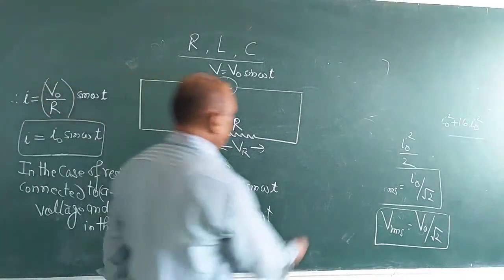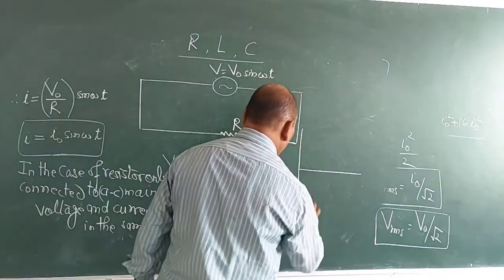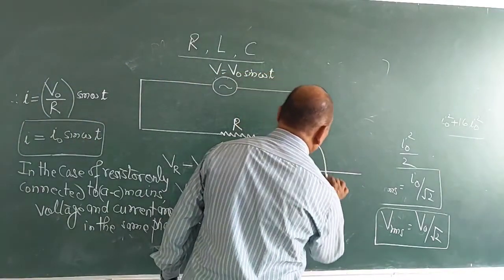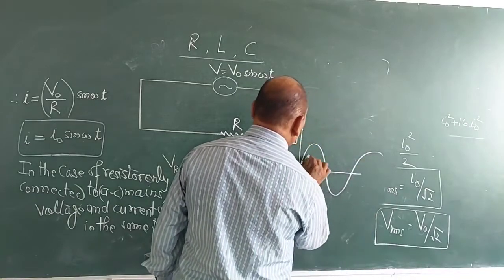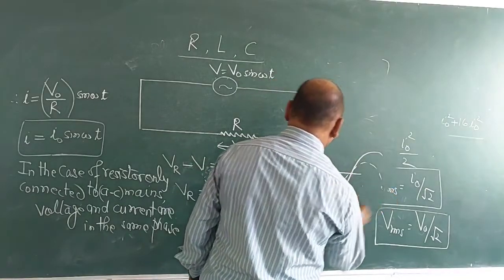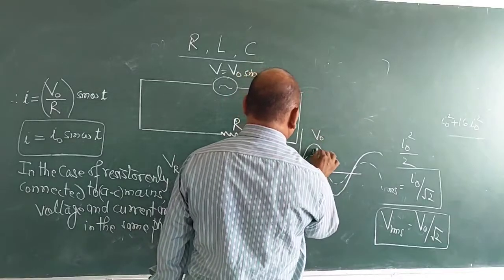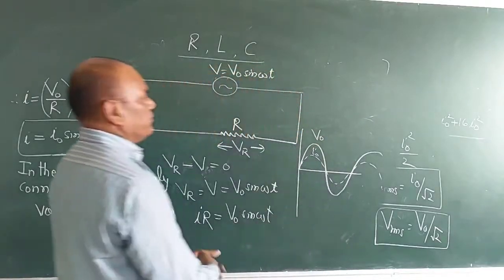So their graph will be like this way. This is voltage and this is current, V0 and I0.